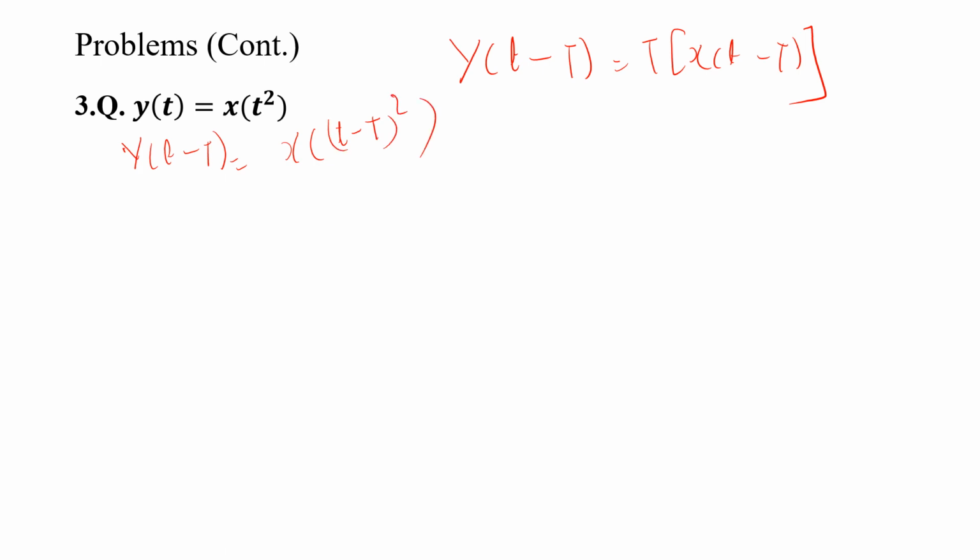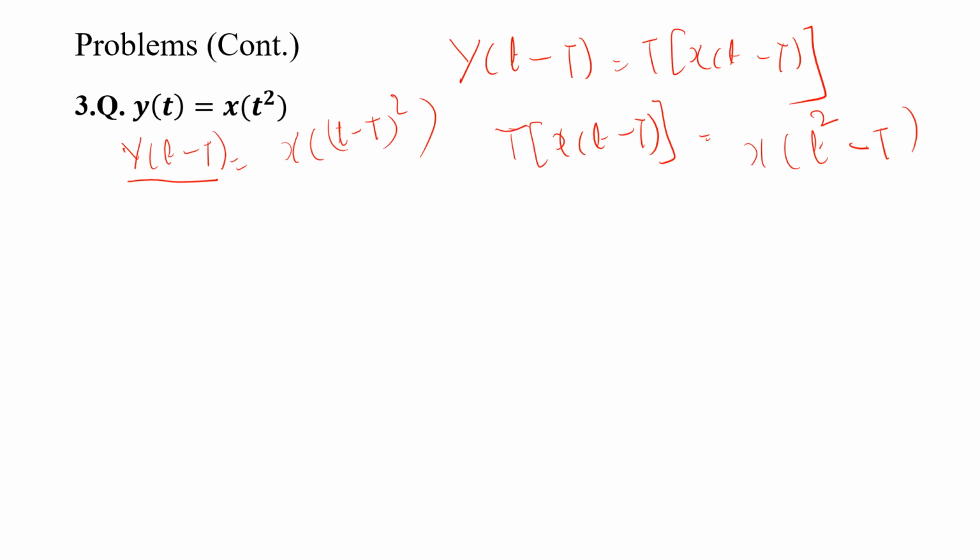Okay, similarly what is the next thing? Transformation of x of t minus T. What to do? I have to write in the x bracket minus T. So t square minus T. Okay, so you can see y of t minus T, this is x of t square, both are not equal.